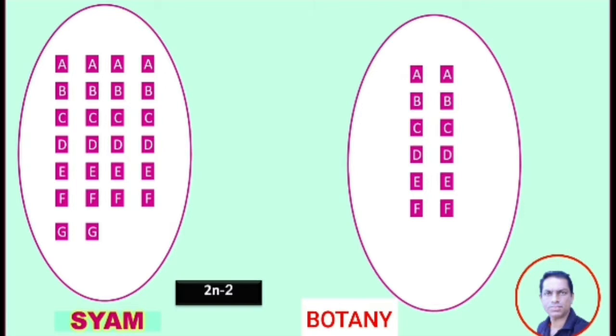But nullisomic means a pair of chromosomes are lost in an organism. In this picture we observed in the first genome the G chromosome and in the second genome the G chromosome is also lost. So a pair of chromosomes, the entire G homologous chromosomes, are lost.